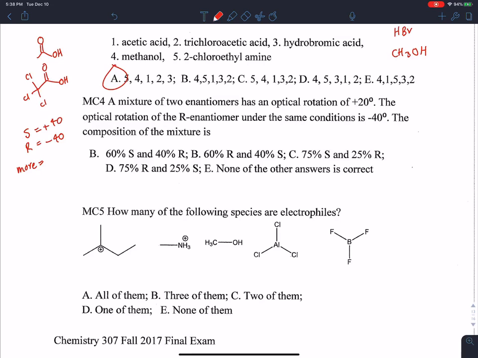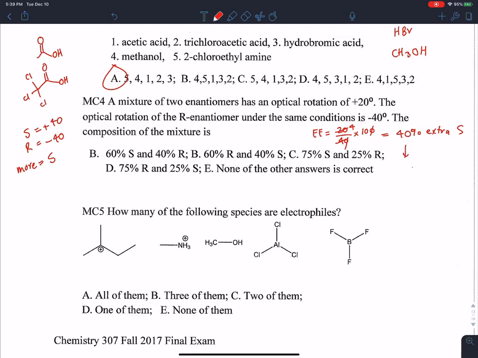My mixture is turning in the positive, so I have more of S. So then you do EE equals observed over pure. The observed is 20 over pure is 40 times 100. Cut this out, 4 goes to 4, and I get 40. This is how much extra S I have.